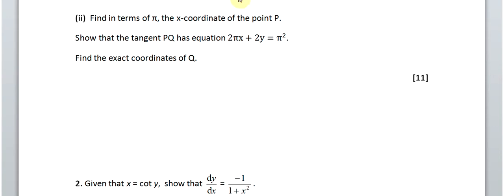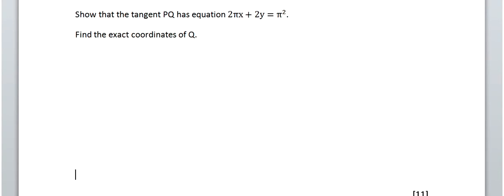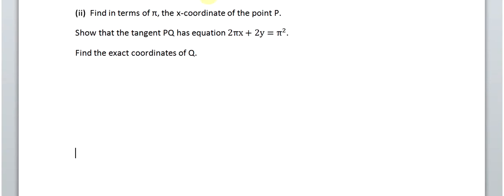Find, in terms of pi, the x coordinate of the point P. Show that the tangent PQ has this equation and find the exact coordinates of Q. There are a lot of marks in here, so I'm just going to give myself a bit more room. Okay, let's go for it.